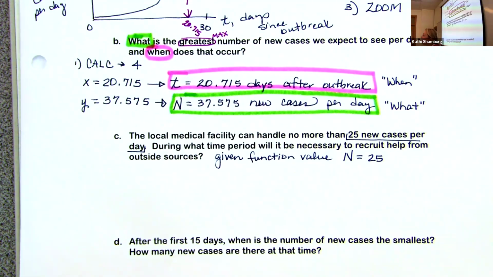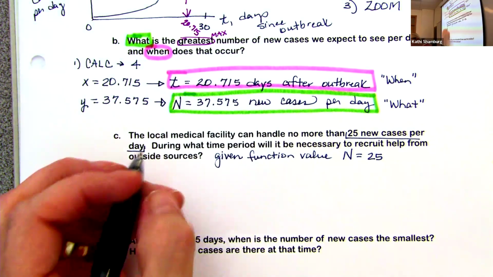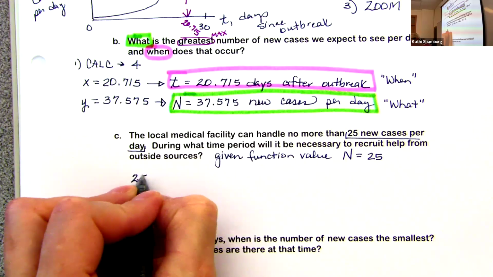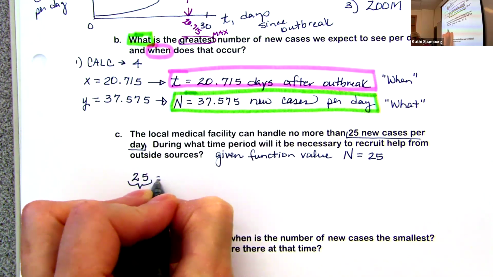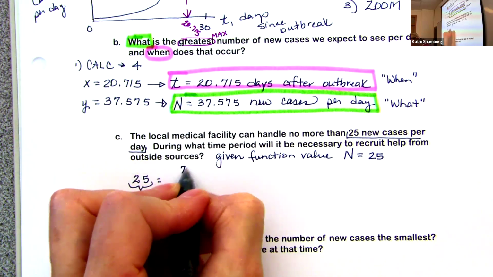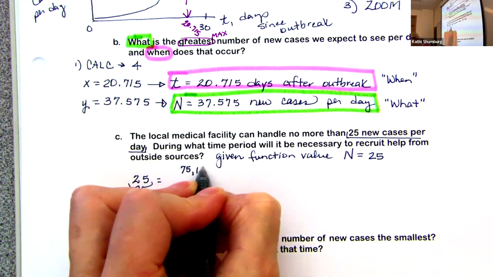So how do we handle that in our calculator? That's your y2. So you're going to have 25. That's going to be your y2. You already have, let me go ahead and write it.